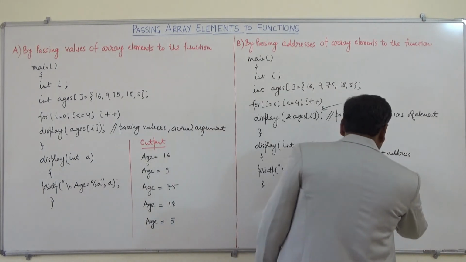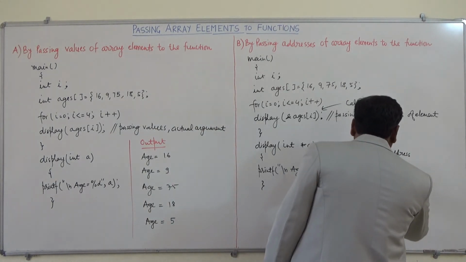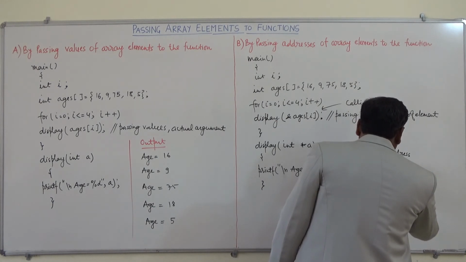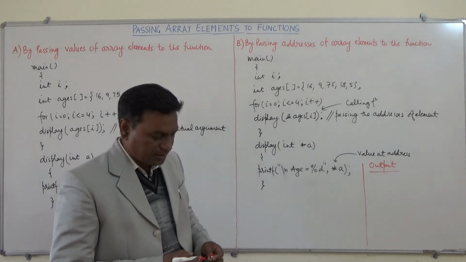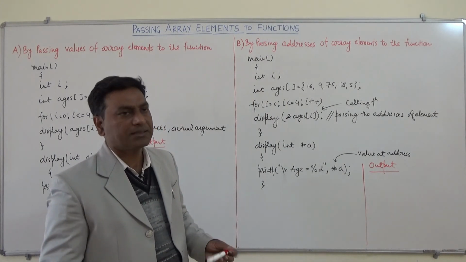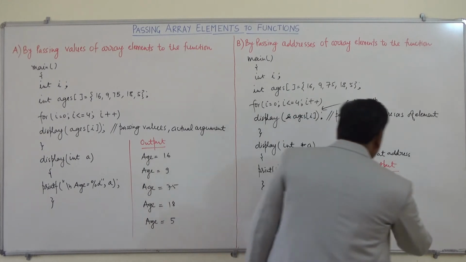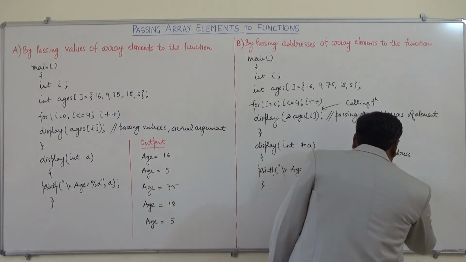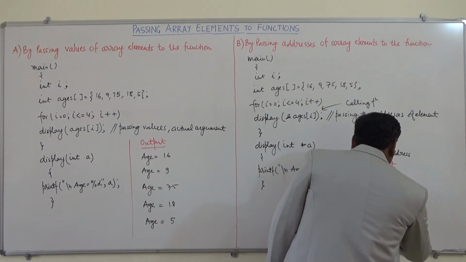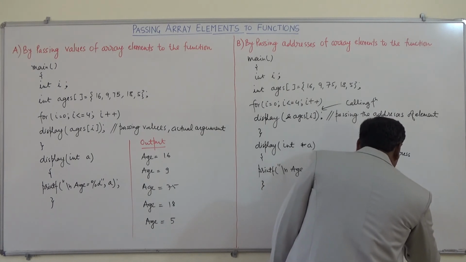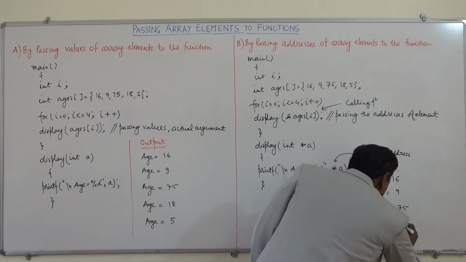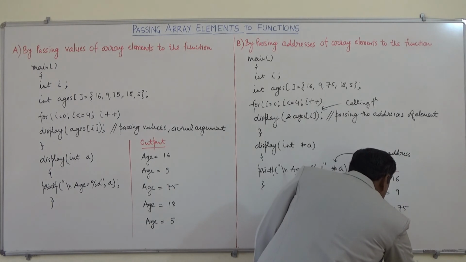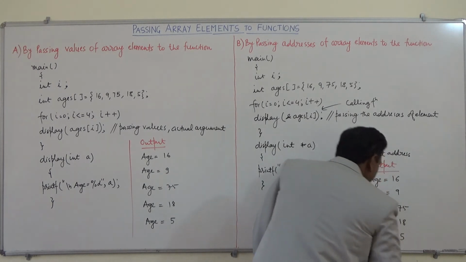The output will also be the same, but here we are printing with a different approach, that we are passing the addresses. So the output will be 16, 9, then 75, then 18, and 5.